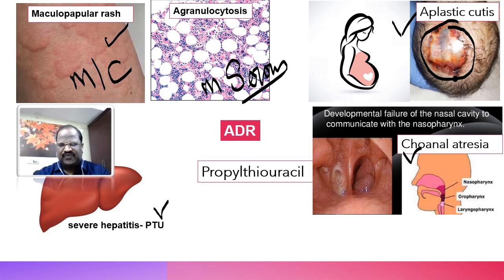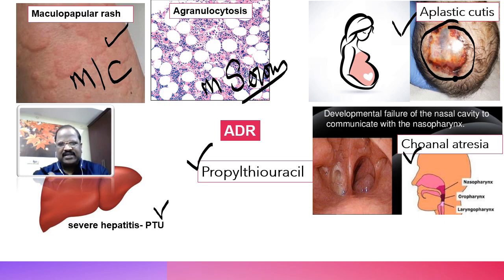So in the first trimester of pregnancy, the best drug of choice is propylthiouracil. I am repeating, for hyperthyroidism in first trimester pregnancy go for propylthiouracil. Compared to methimazole, propylthiouracil has less chance of crossing the placenta.